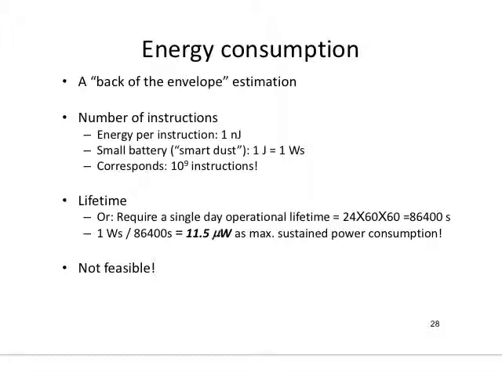This amount of power is really, really low, which means it's not even feasible to keep the sensor board powered for one single day, because you cannot sustain the sensor node, both the sensing part and the communicating part.